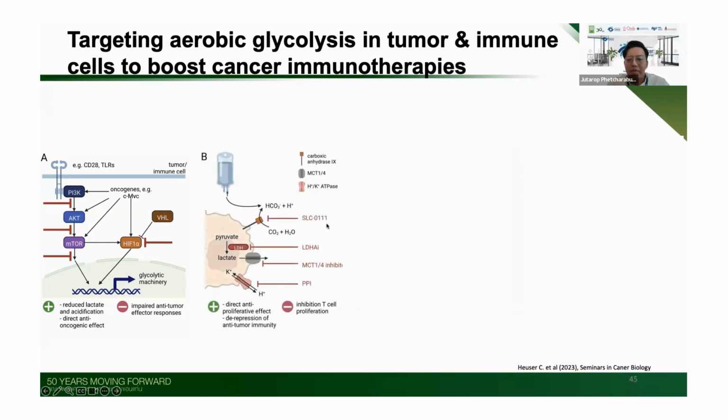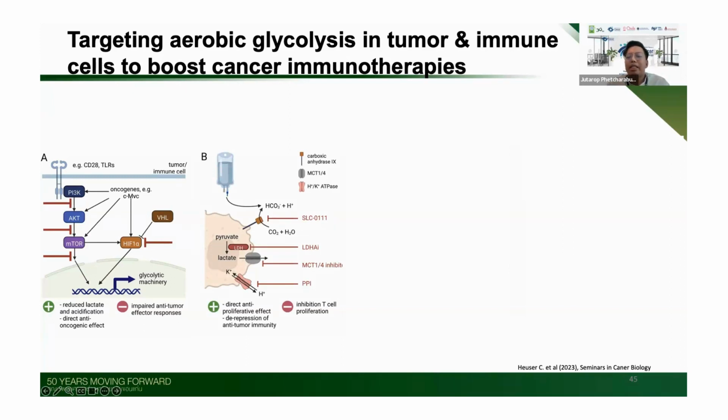And figure B shows the targeting of lactate production and acidification of the tumor microenvironment to counter immunosuppression. As you can see here, the LDHA inhibitors, indicated as LDHAi in this picture, are being developed to block the production of lactic acid from pyruvate.